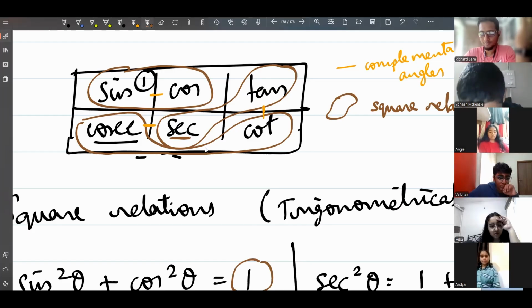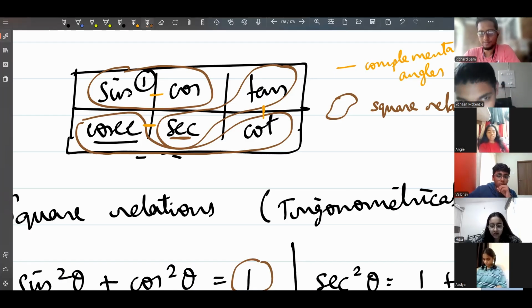Reciprocal. Yeah, they're reciprocals. So you can convert cos into sec, right? If you have cos 5, you can write it as 1 upon sec 5, right? That way we can convert cos into sec. Then how are cos and sine related? Complementary angles.